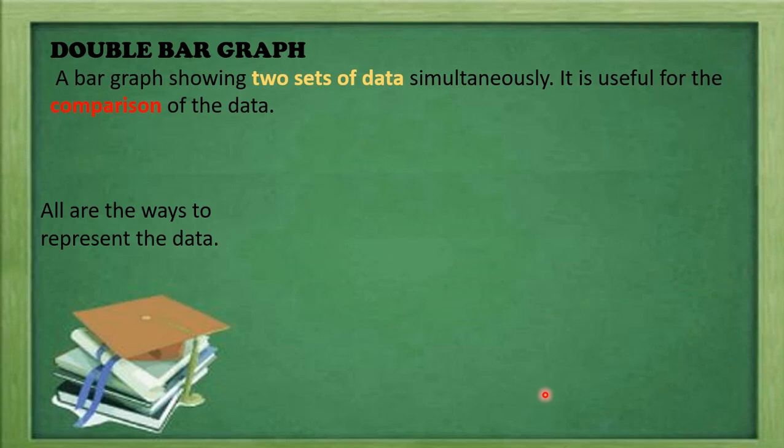If we compare the profit of two shops, then also we can use the double bar graph. So whenever we want to compare two quantities, we use the double bar graph. That means the double bar graph is used to show two sets of data simultaneously, and it is useful to compare the data.